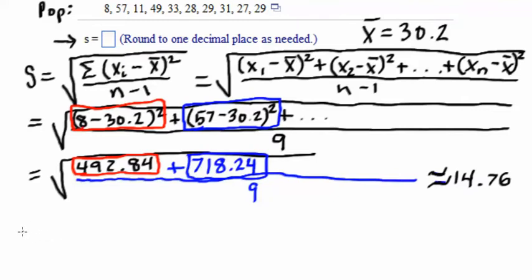Now, if we wanted to find the standard deviation, we would have to find the population standard deviation of these 10 values, and that would be given by this Greek letter sigma.